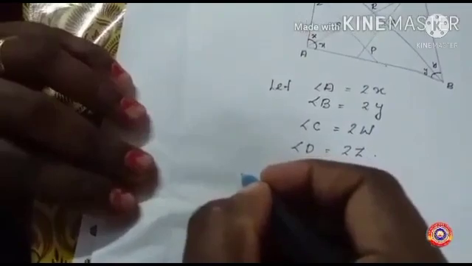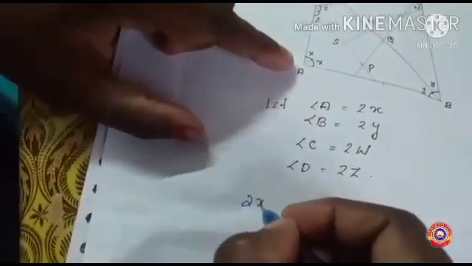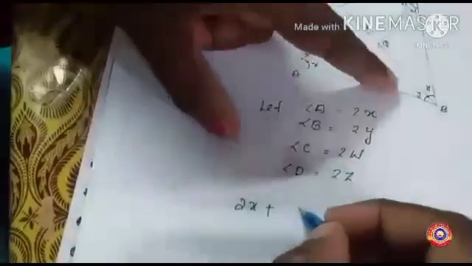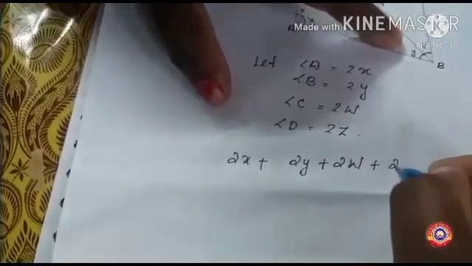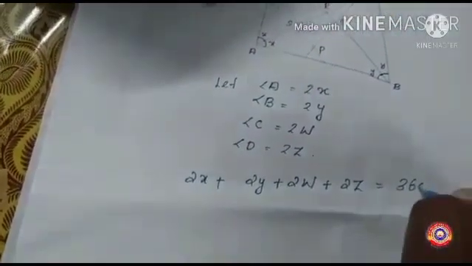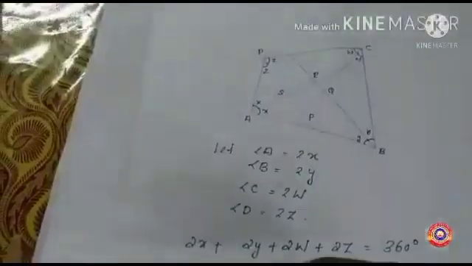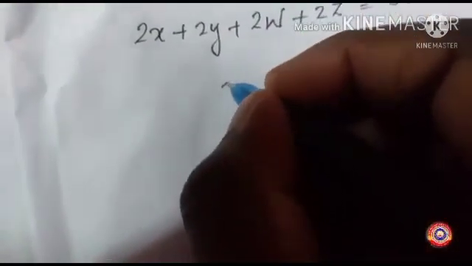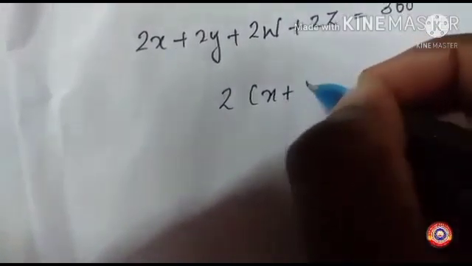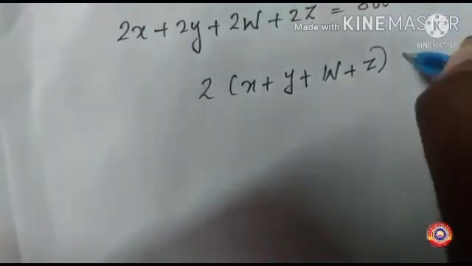Yes, we can write 2x plus 2y plus 2w plus 2z equal to 360 degrees. The sum of all four angles of a quadrilateral is equal to 360 degrees. Next, 2 into (x plus y plus w plus z) equal to 360 degrees.